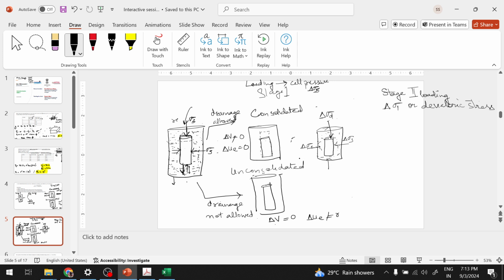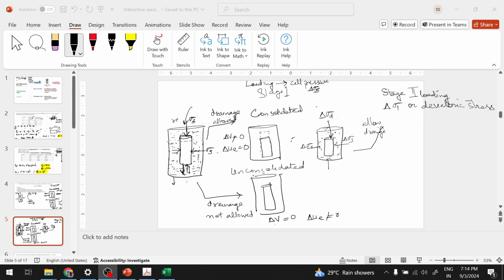Now again we will have two cases. We can either again allow drainage, okay.